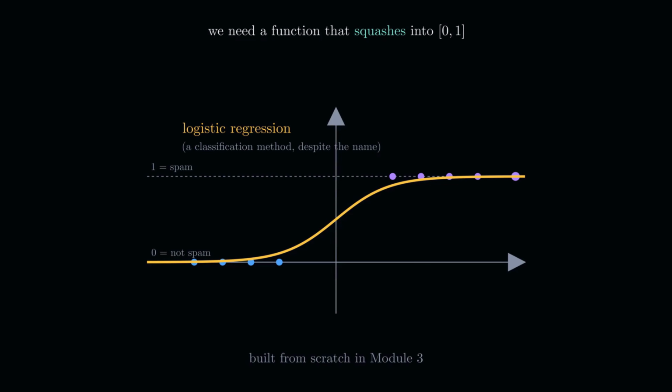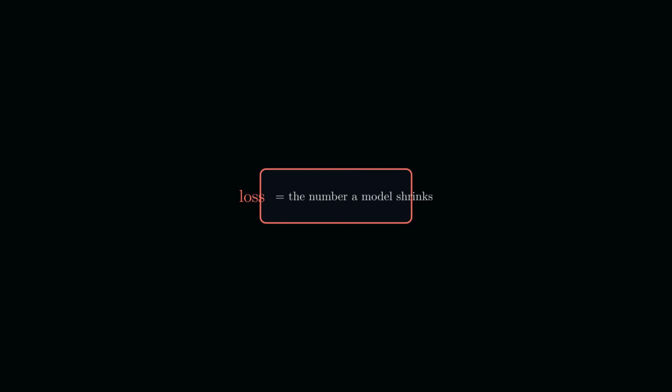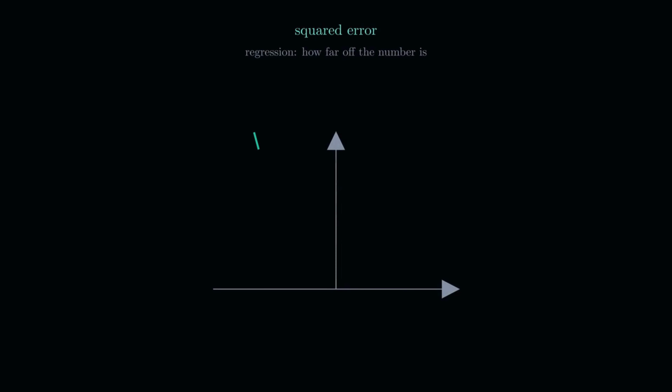One last thing that makes the split feel real: remember the loss from last video? The single number a model tries to shrink. Regression and classification don't even use the same loss. Regression measures wrongness by how far off the number is, which is called the squared error.